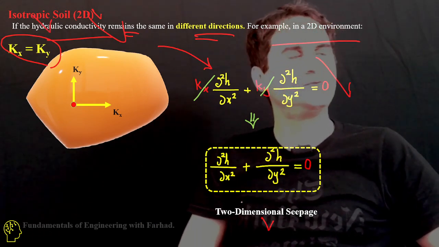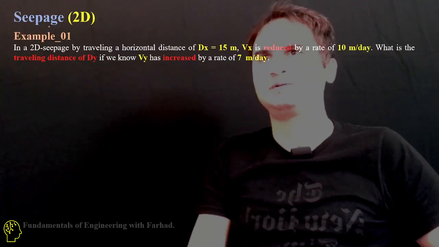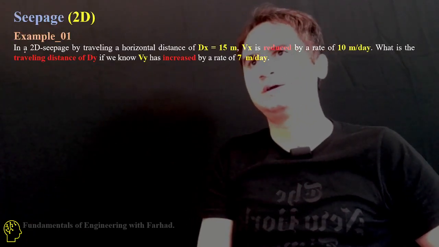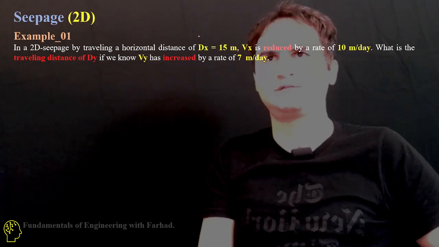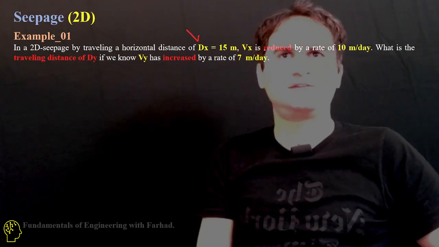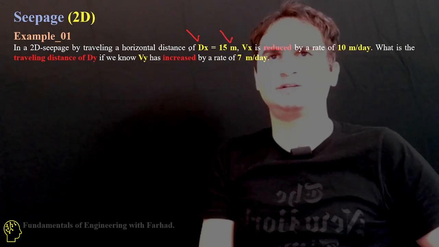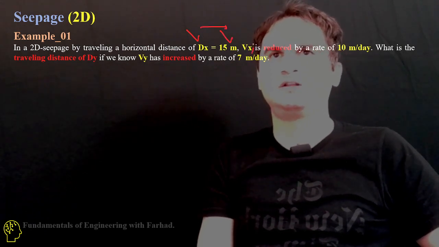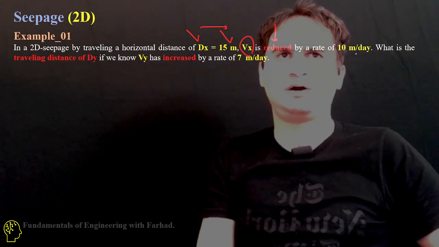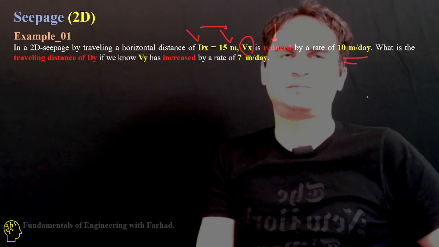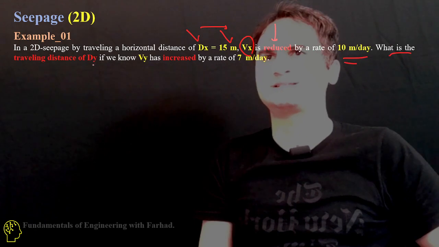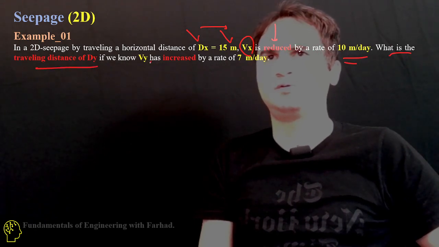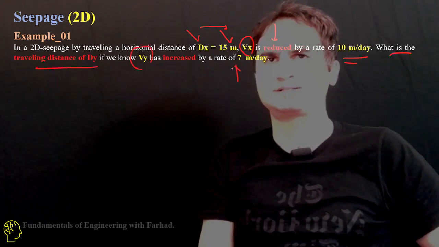Let's put it into a recall example. In this example, a 2D seepage, by traveling a horizontal distance of dx, we have a 15-meter travel in the x direction. Velocity in x reduces at a rate of 10 meters per day. What is the traveling distance in dy? We do know Vy is increasing by 7.